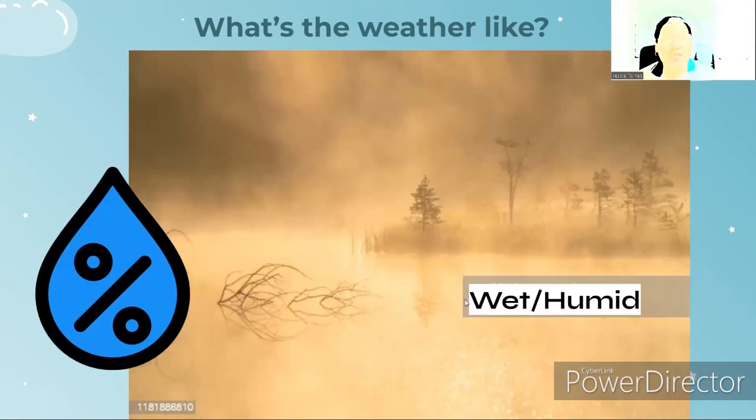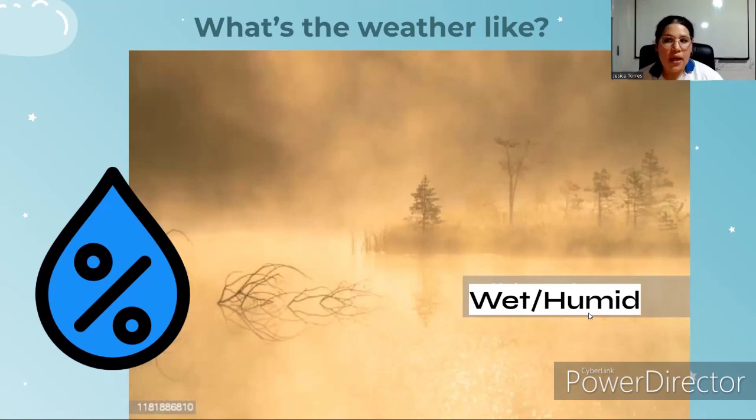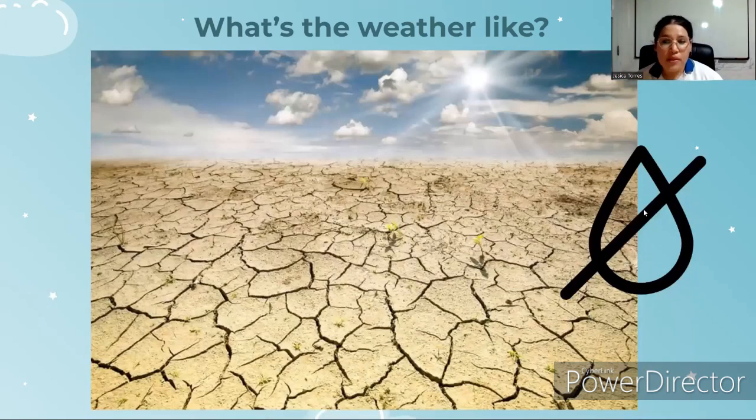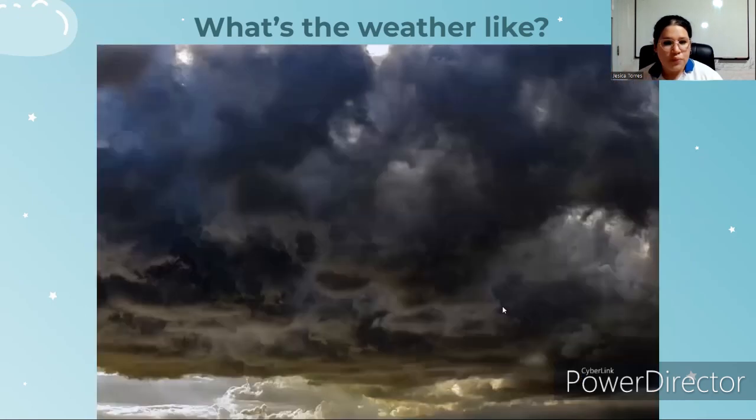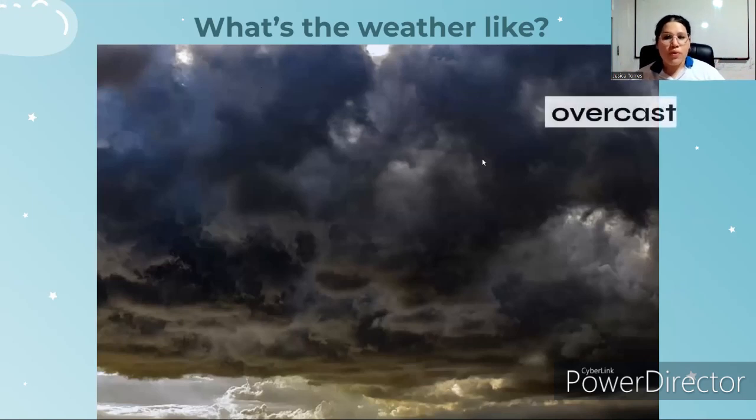Wet, I think, is the more common word. It's wet. But you can also use humid. Right. And the opposite, it's dry. Dry. Excellent. Good. Here we have the sky is 100% covered. So the word is overcast. Overcast.